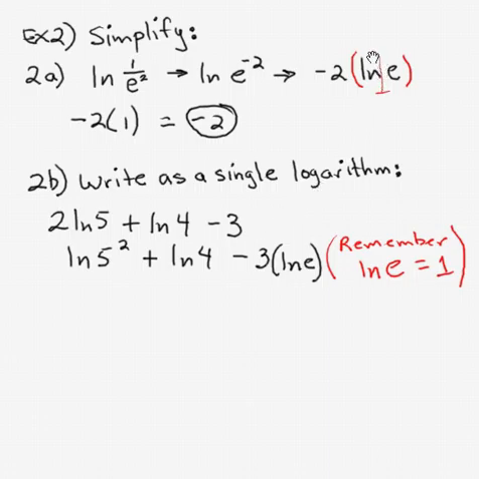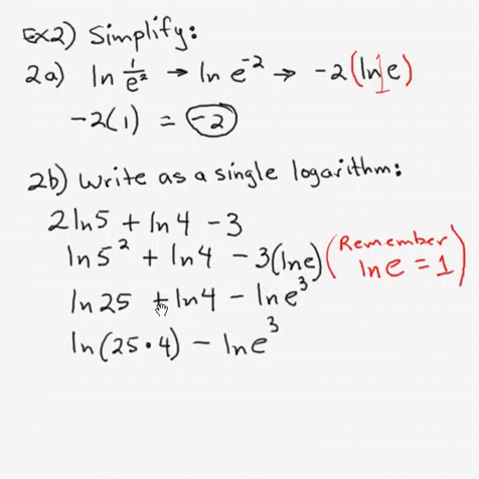Well, remember just a moment ago we said the natural log of e is 1. So let me write negative 3 as negative 3 times 1, and that 1 is going to be the natural log of e. Now each term has a natural log in it. Well, let's just simplify. 5 squared is 25. And when you have a number times a log, that number is the power that we're raising to.